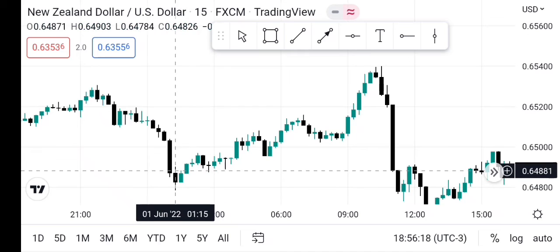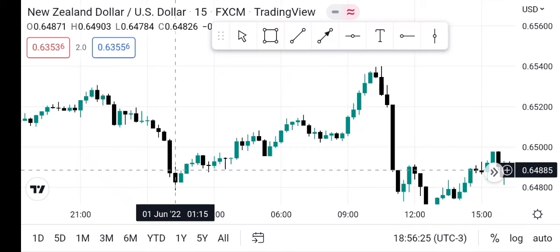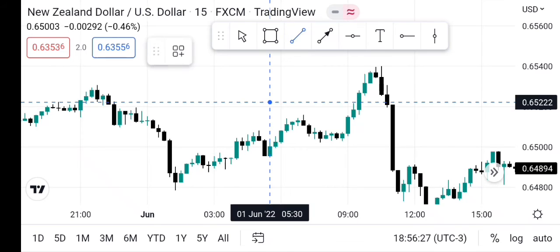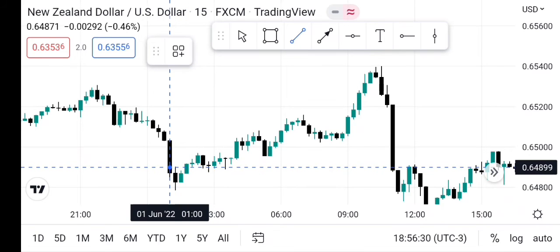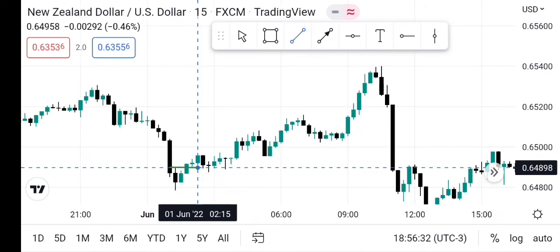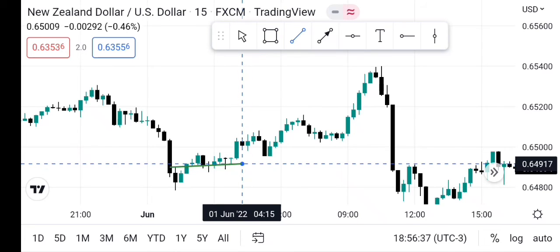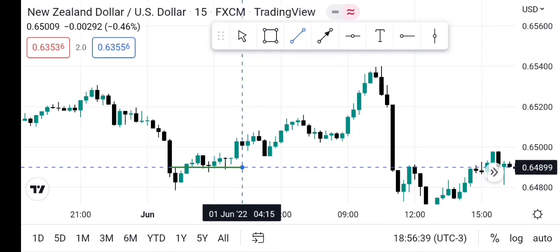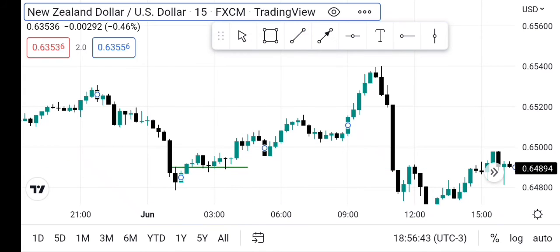Now we take the high of the candle that makes the swing low, which is that bearish candle. We take it out and then we draw it out. Now as you can see, price really reacted to that zone. So if you're a buyer there, there'll really be nice profits.